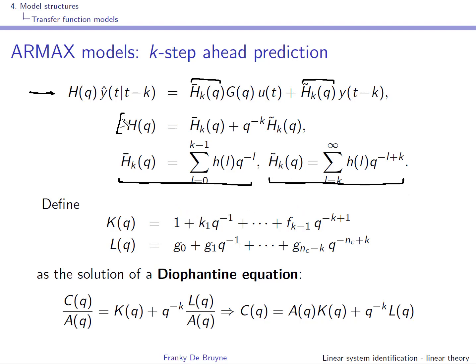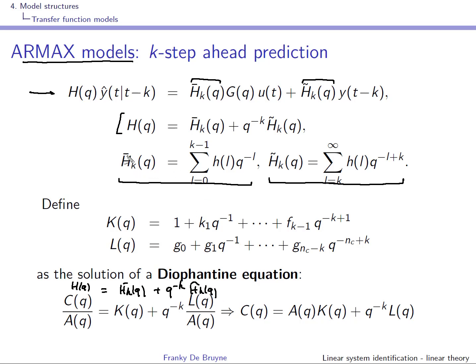So let us apply this in the case of ARMAX models. And in the case of ARMAX models, H(q) is given by the transfer function C(q) over A(q). So we'll decompose it as H bar k(q) plus q to the minus k H tilde k(q).